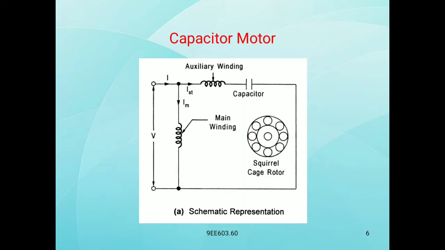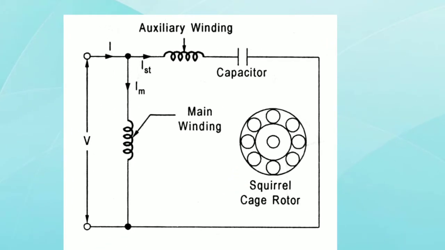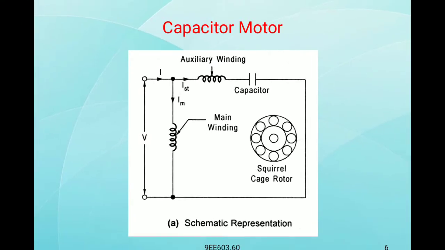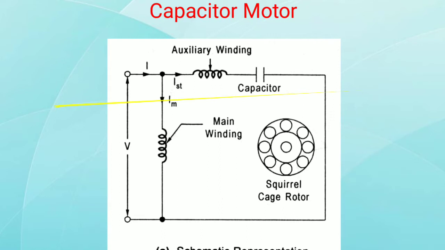See here, the auxiliary winding is the starting winding, and the capacitor is fixed in series with the auxiliary winding. The main winding and auxiliary winding are both 90 degrees phase displaced.